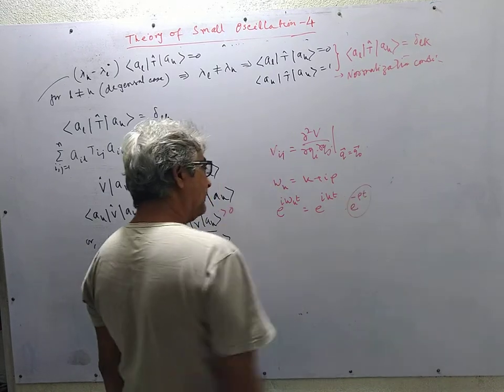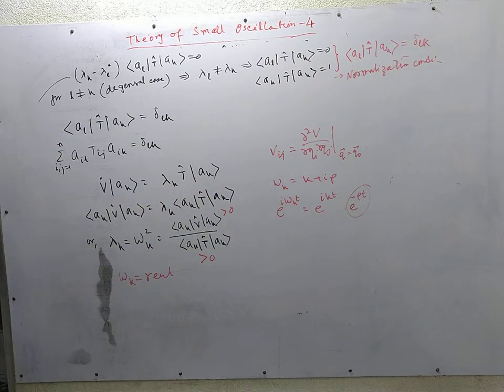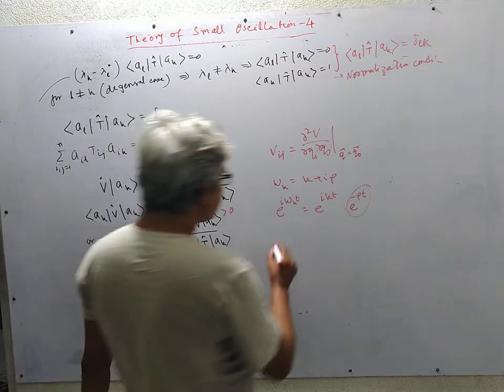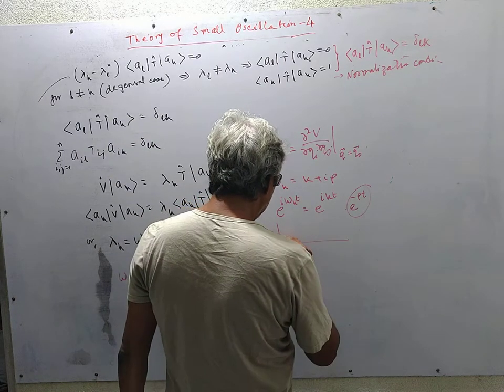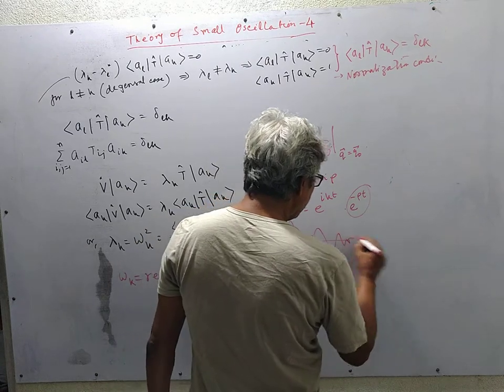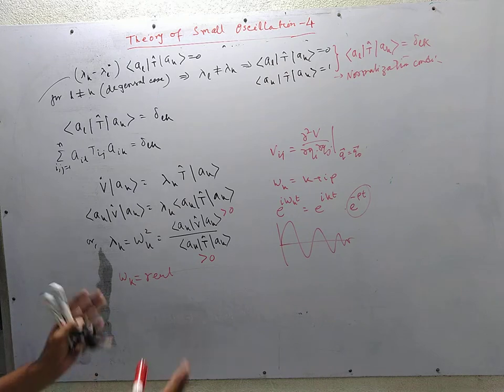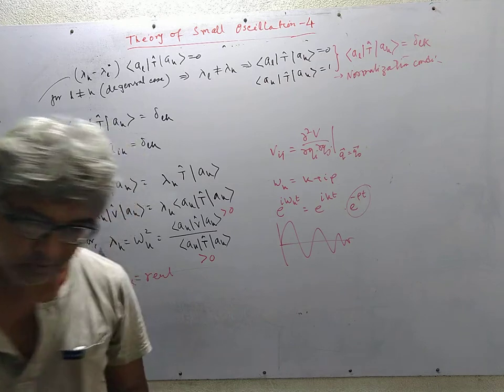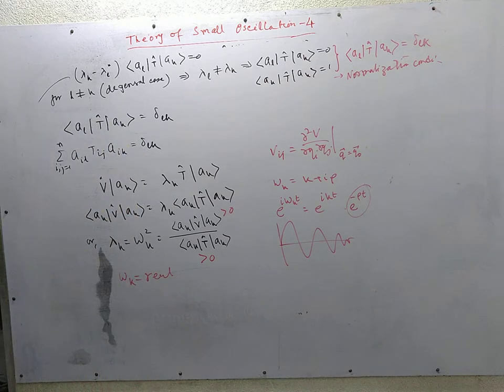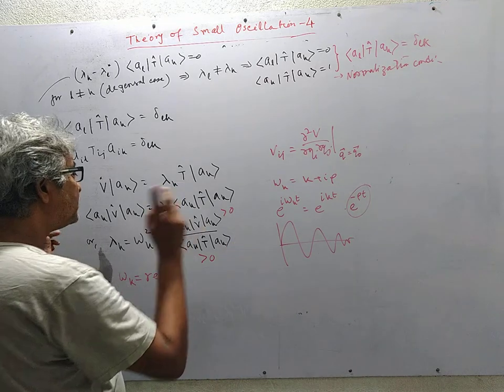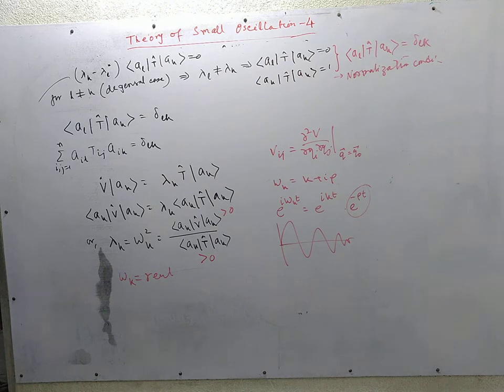This would show an exponential damping. So then the oscillation will not persist, it will die down with time. But we are considering persistent, small amplitude oscillation. So one of the requirements for such oscillation is that the eigenfrequencies omega_k should be real. This analysis ensures that the omega_k's are indeed real.